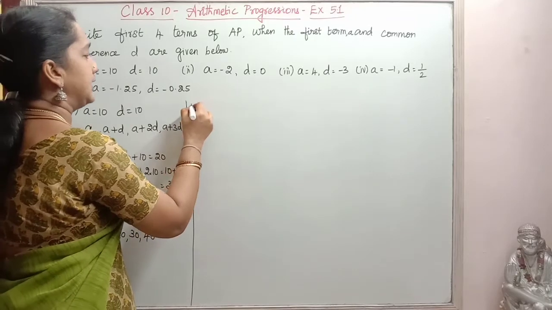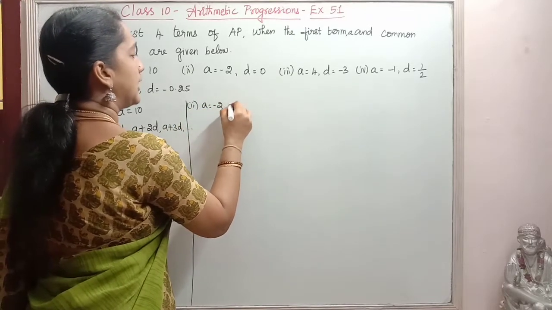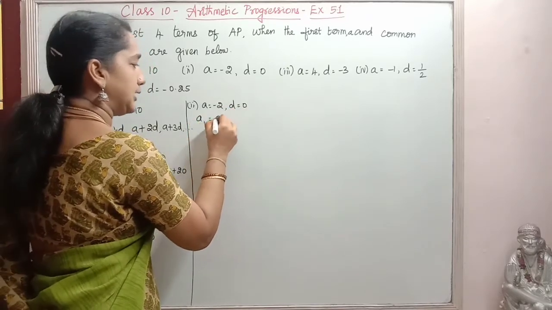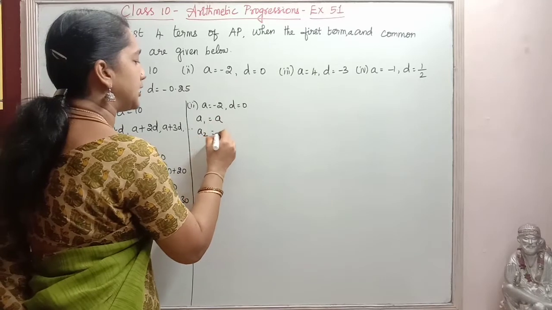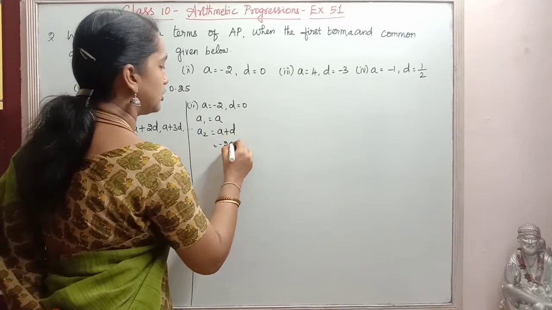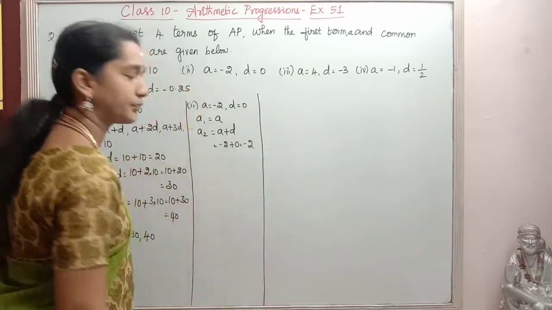Okay. Then the second sum is A is equal to minus 2 and D is equal to 0. So A1 is A, then A2 is A plus D. So A is minus 2 plus D is 0, so we'll get minus 2.